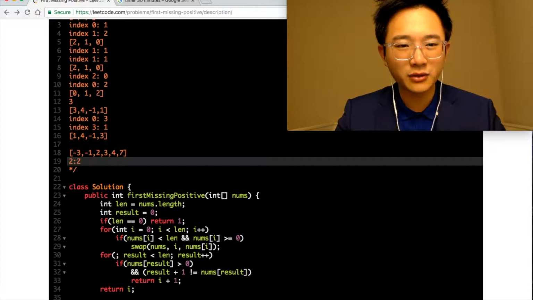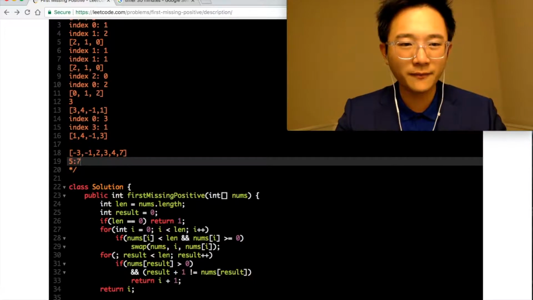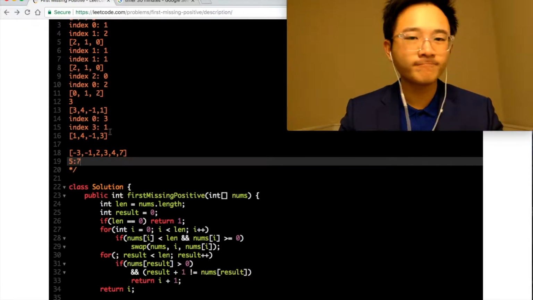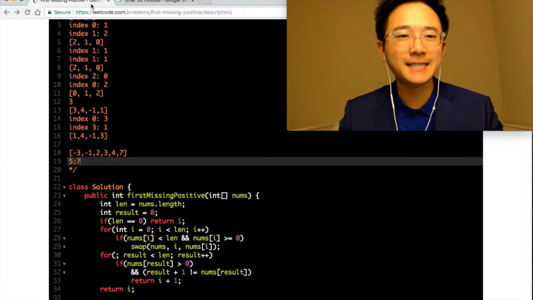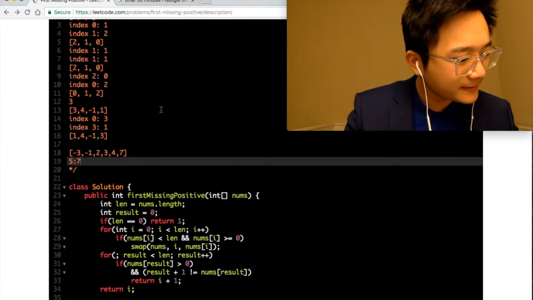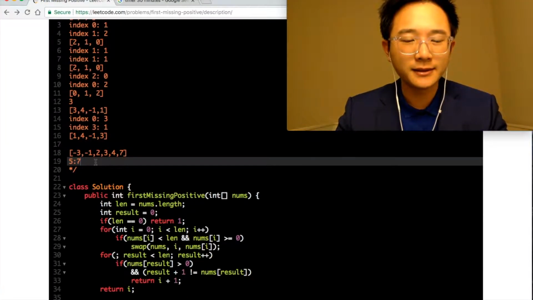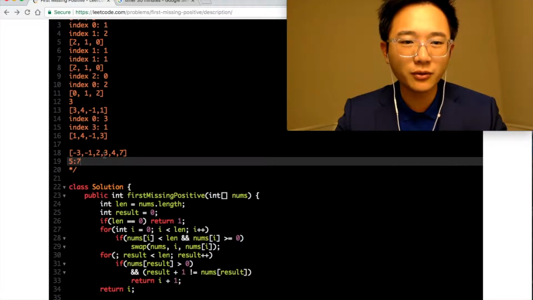So then 0, 1, 2, 3, 4, and then 5 is not correct. So we have index 5, we have 7. Index 5, 0, 1, 2, 3, 4, 5.